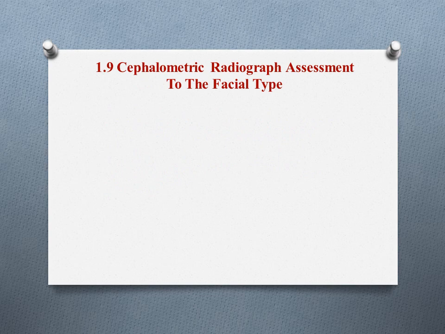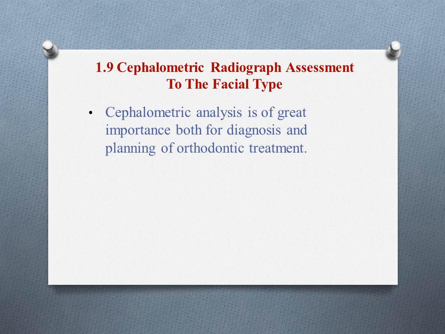Cephalometric radiograph assessment of the facial type. Cephalometric analysis is of great importance both for diagnosis and planning of orthodontic treatment. Measures related to the growth direction of the mandible, such as the mandibular angle, facial axis, facial depth, mandibular plane, mandibular arch height, and the anterior lower face, determine the third index, which cephalometrically distinguishes three facial types.